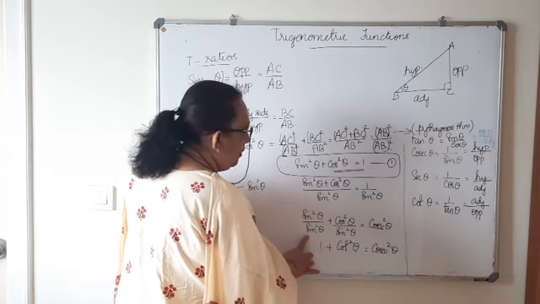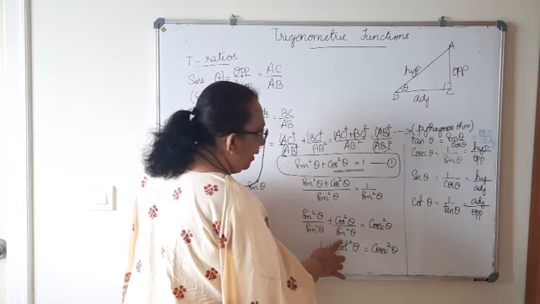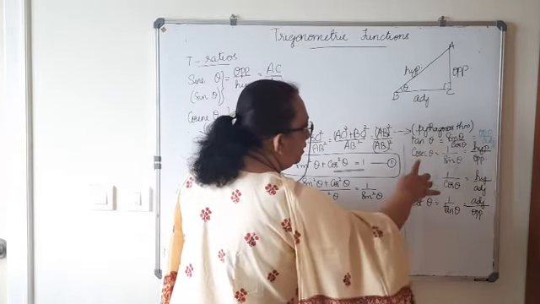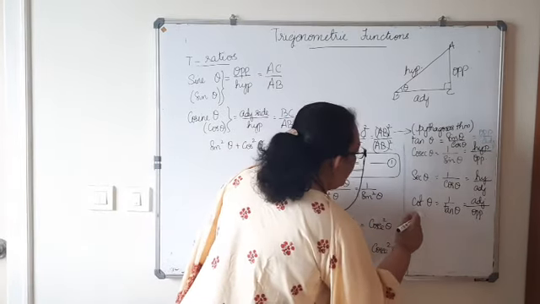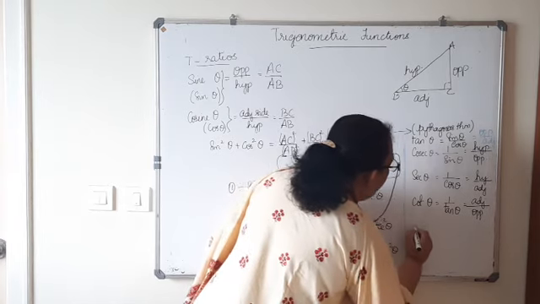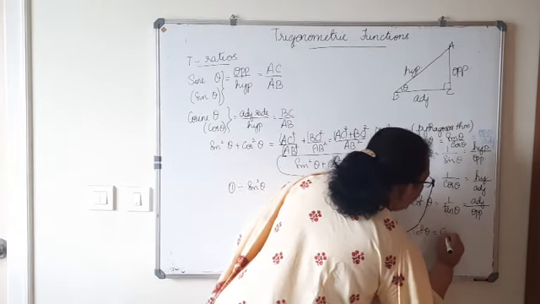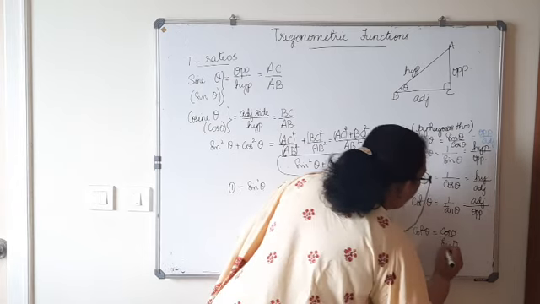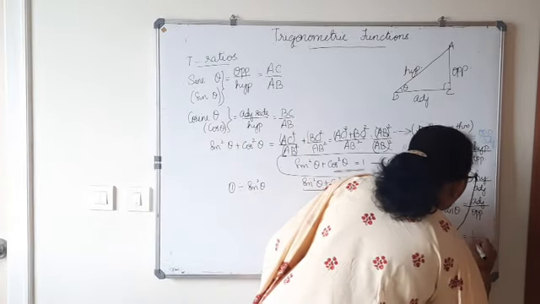Sin squared theta by sin squared theta is equal to 1, plus cos theta by sin theta squared. Cos theta by sin theta is equal to cot theta, and that is equal to 1 by tan theta.